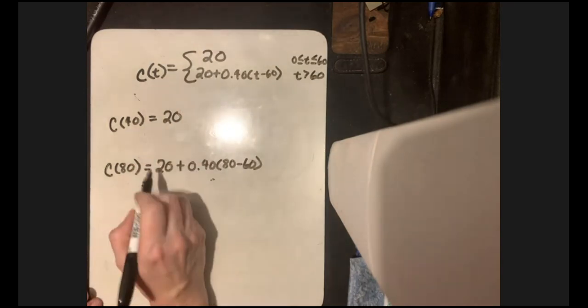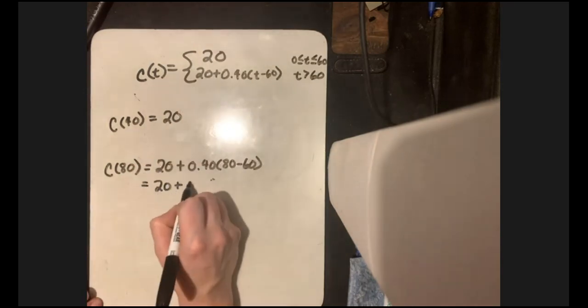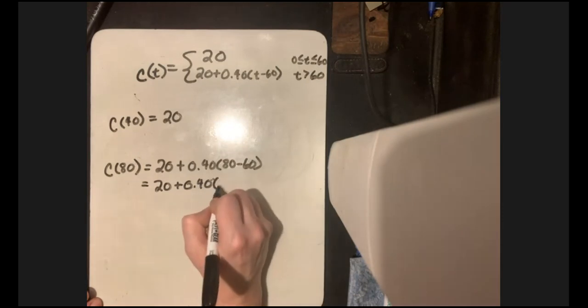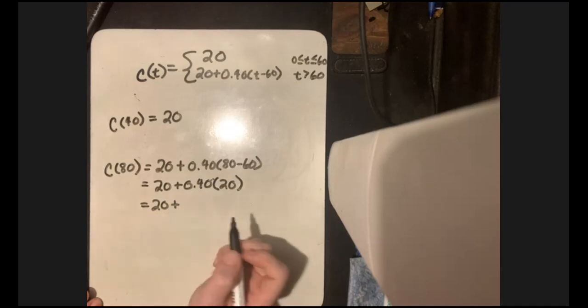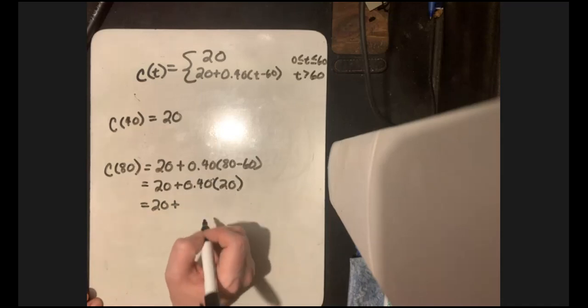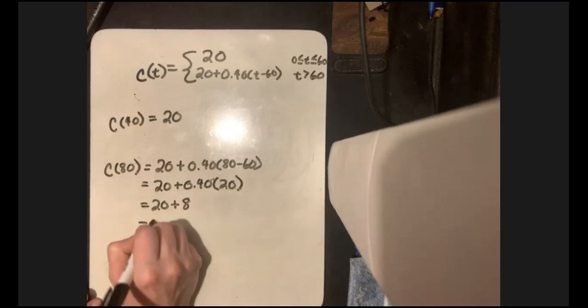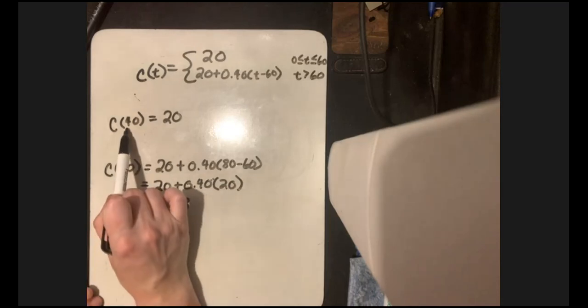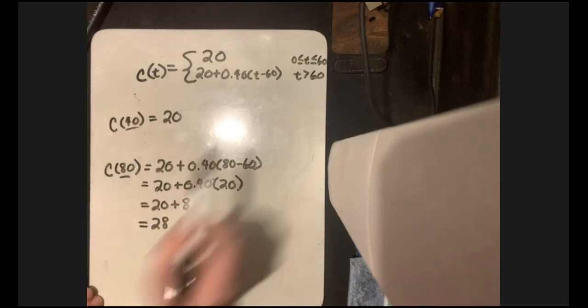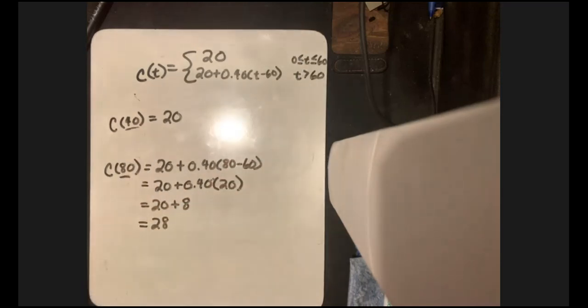So we've got 20 plus 0.40 times 20. 20 plus 8. So 28. So there's our answer for that one. Okay. So again, it's all about looking at what is the value that they want us to plug in. Which rule does that apply to?